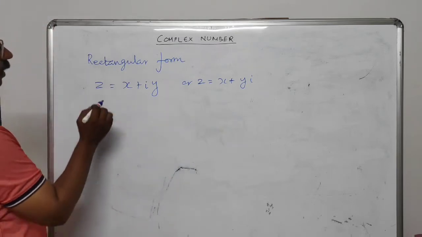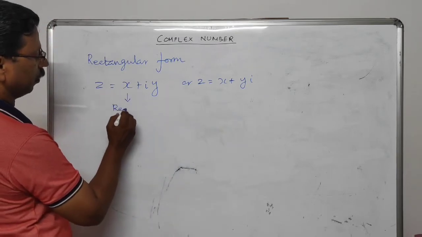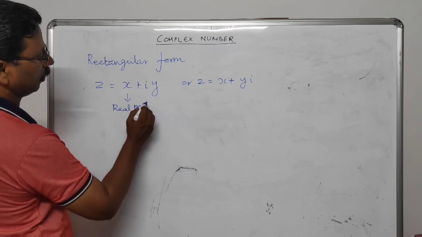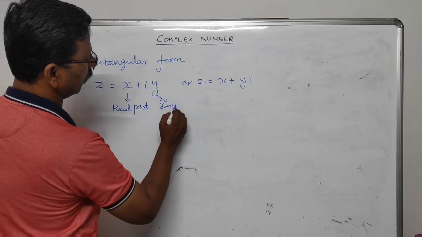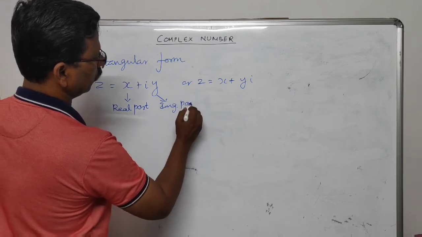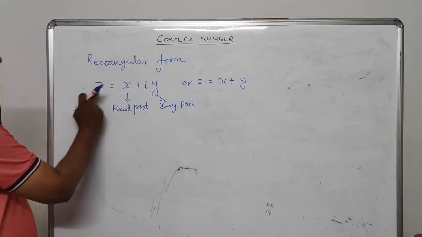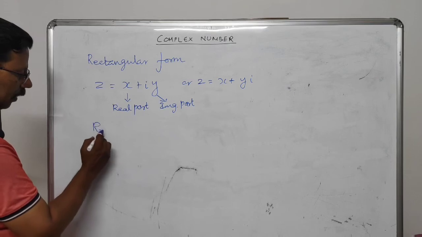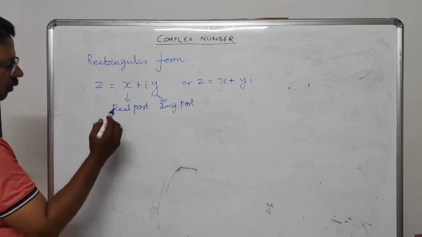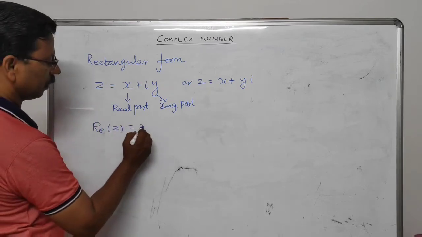Now x is called the real part and y is called the imaginary part. z equal to x plus iy means that the real part of z, denoted by Re of z, is nothing but x.